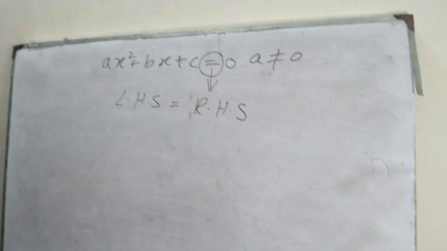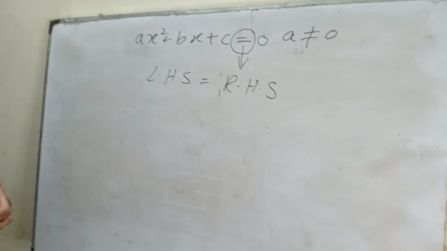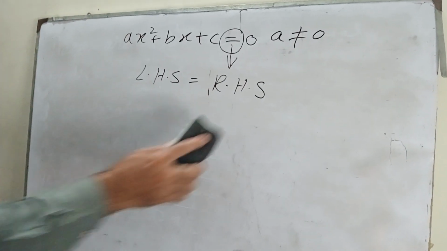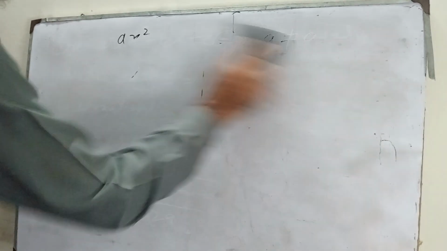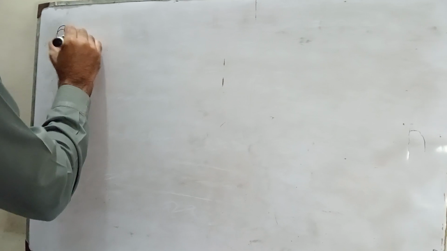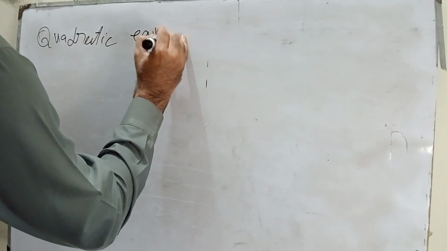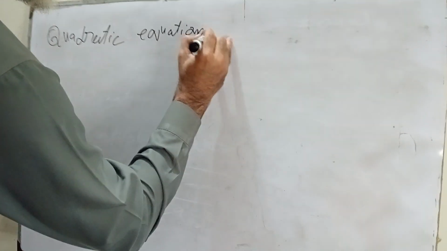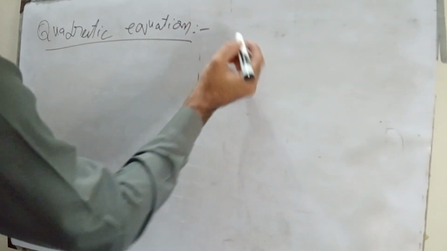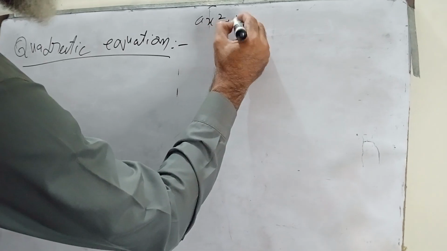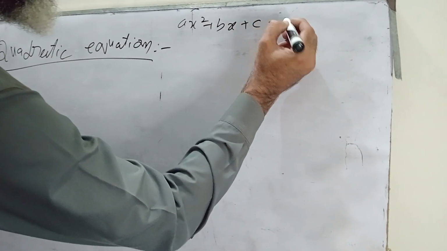Now we are moving towards the quadratic equation. So now we will define the quadratic equation. What is the quadratic equation? Quadratic equation ax square plus bx plus c is equal to 0.